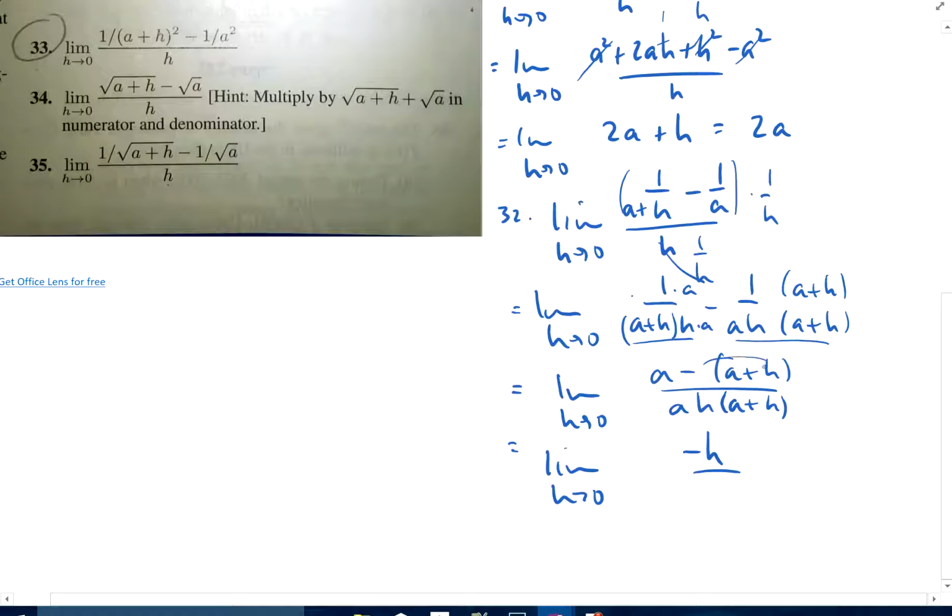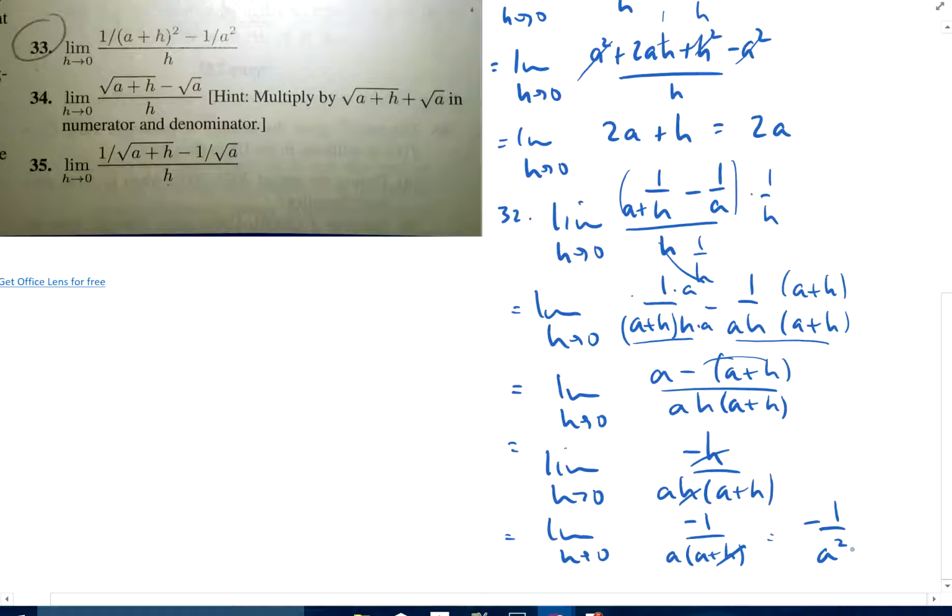Because that's got us to both, over ah times a plus h. The h's cancel, and so I get the limit as h goes to 0 of negative 1 over a times a plus h, and as h goes to 0, that becomes negative 1 over a squared.